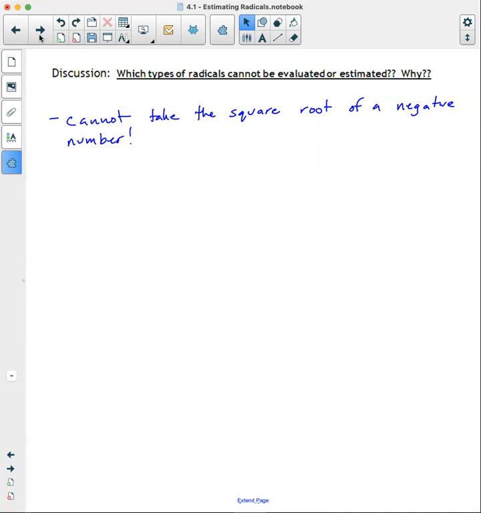Yeah, so we can only take the square root of positive. So for example, the square root of 64 could be positive 8, or it can also be negative 8, right? So remember, negative times a negative equals a positive. There is no way to get a negative number by multiplying itself by itself, right? It will always come out positive.